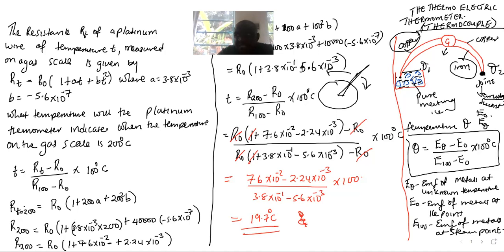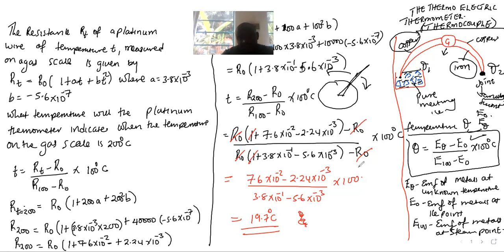Then it is also put in a steam point, or in a steam system or vessel, and the EMF E100 can be attained. When it is determined, the unknown temperature can be got from this expression, of which I'm going to send those notes and write up, and you can have them noted down, and you see how effectively it operates.